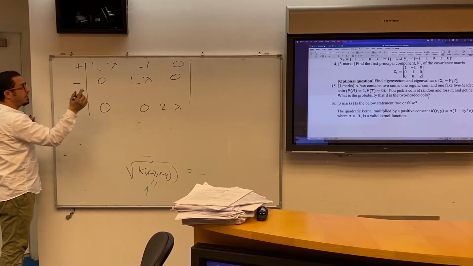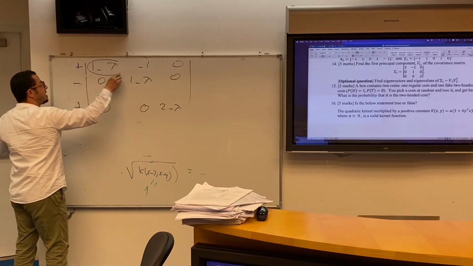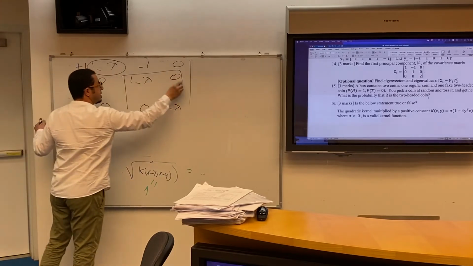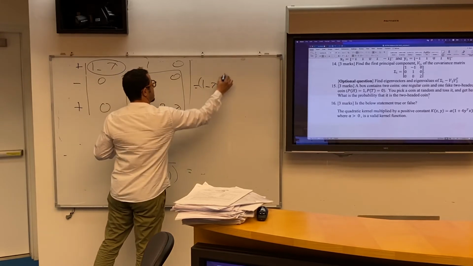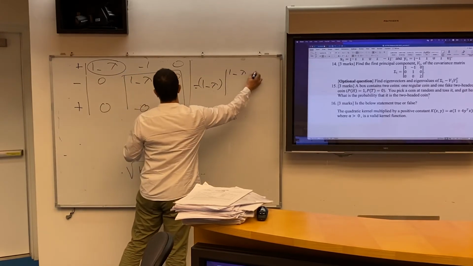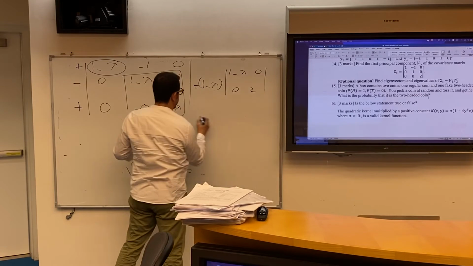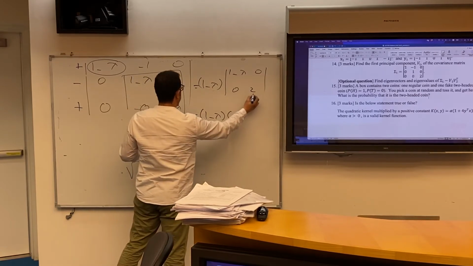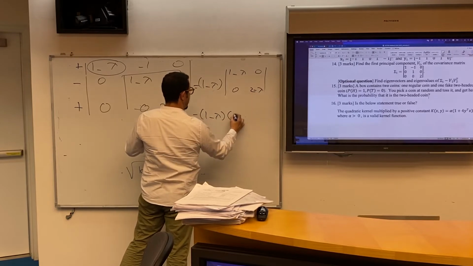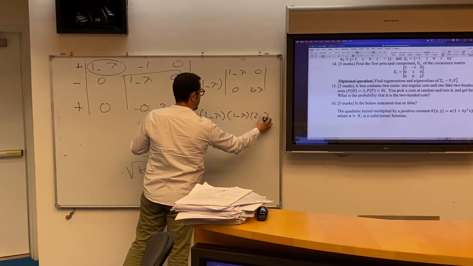The 0, 0 is gone. I need to calculate this one times only this determinant. So it will be 1 minus lambda times the small determinant. And the small determinant is 1 minus lambda times minus 1 minus lambda, 2 minus lambda.